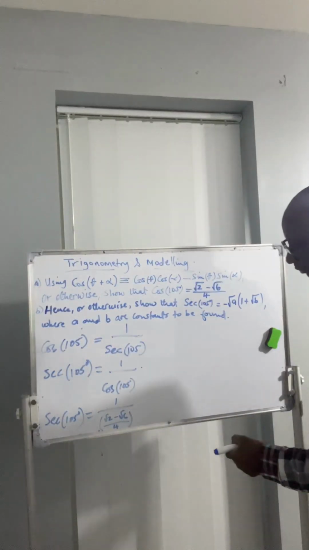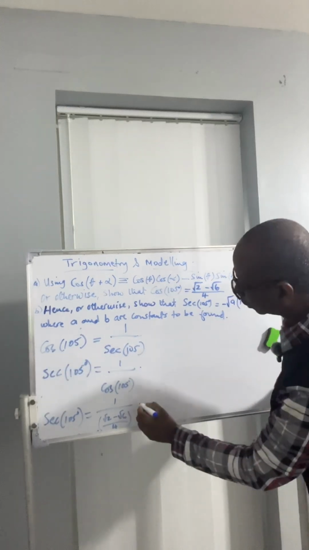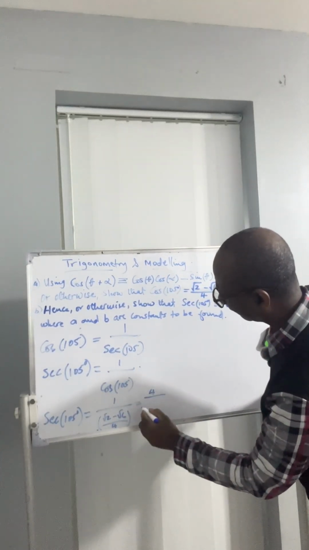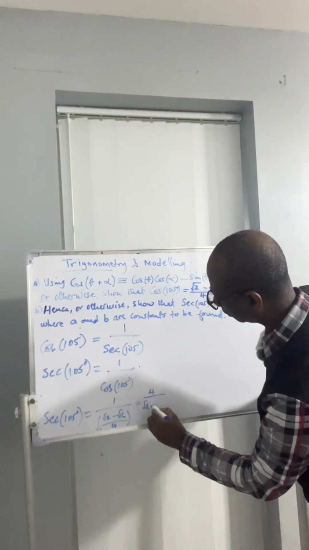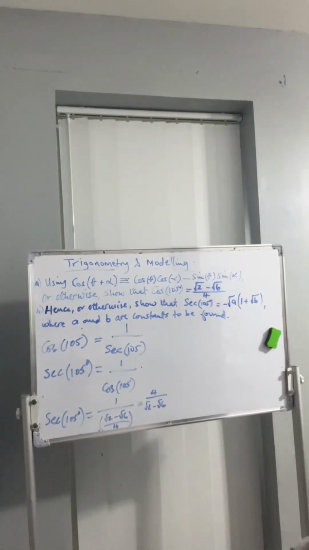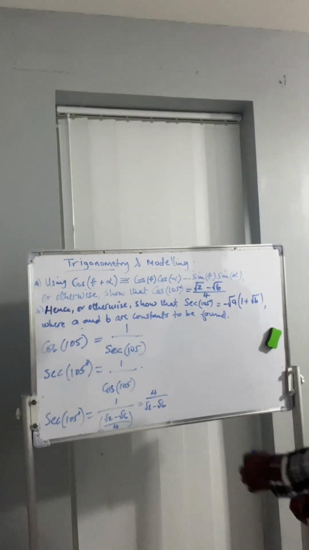Right? So what is this one here? You have a denominator here. So this one becomes 4 divided by root 2 minus root 6. This boils down to this. So what do we do next?